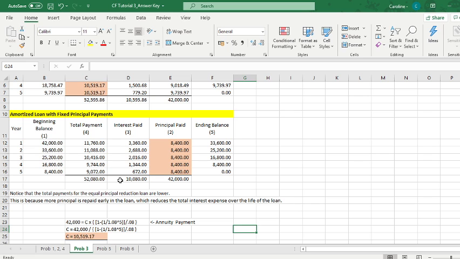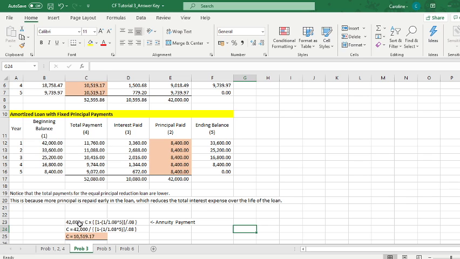Okay, so you can find cash flows that, if you pay in 5 years with the 8% interest rate, are going to be worth $42,000 today. So you can use the present value of the annuity for the 42,000.